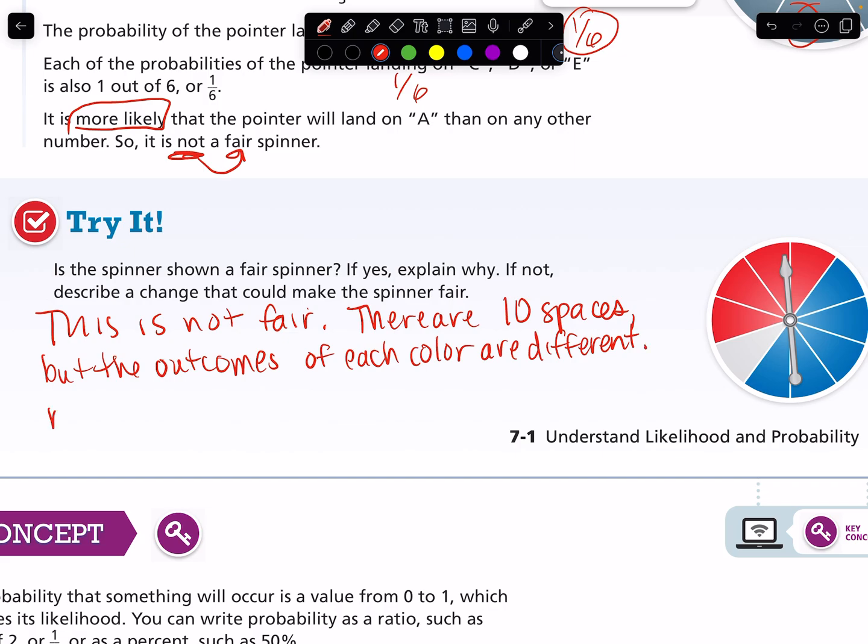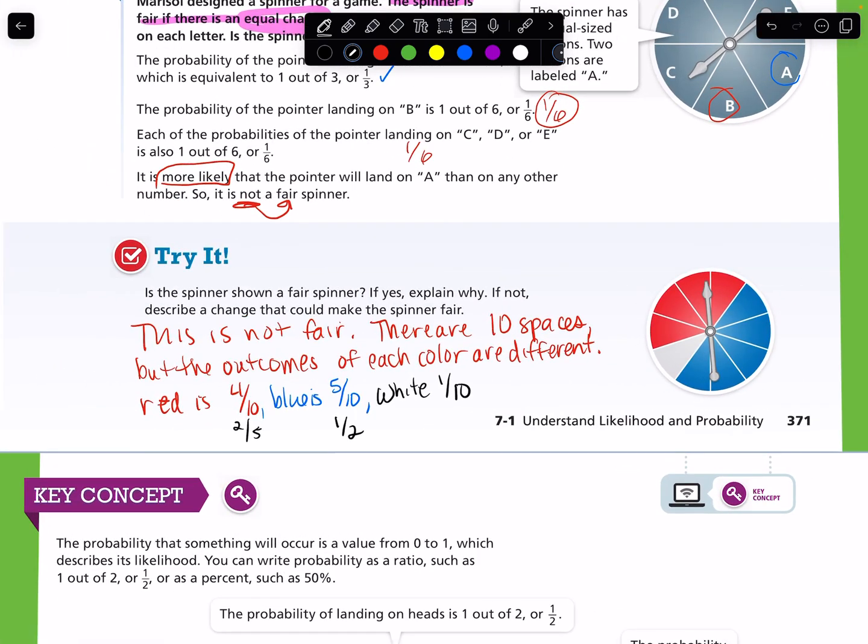And like on a test, you'll want to say red is 4 out of 10, blue is 5 out of 10, and white is 1 out of 10. Can you simplify these? Yes. Do you need to see that it's not fair? No. So this is how we know that it's not fair.